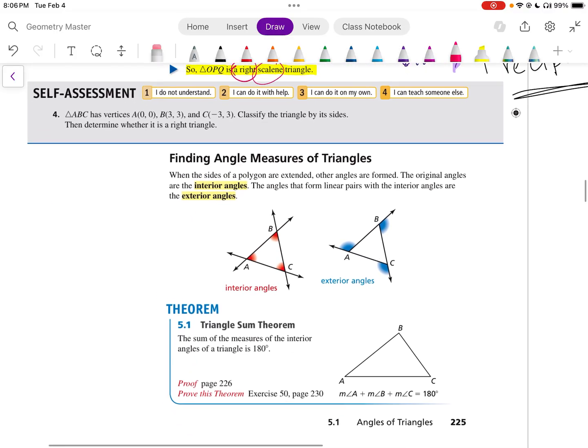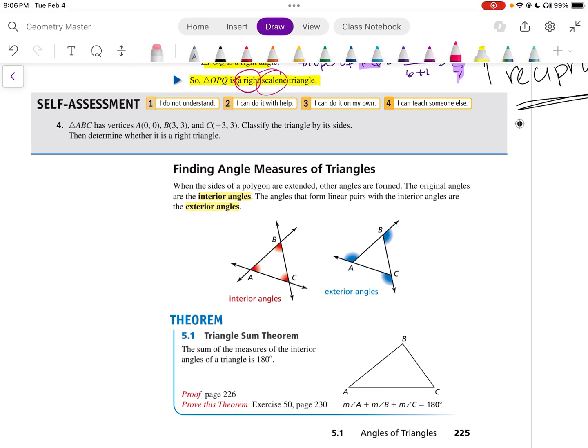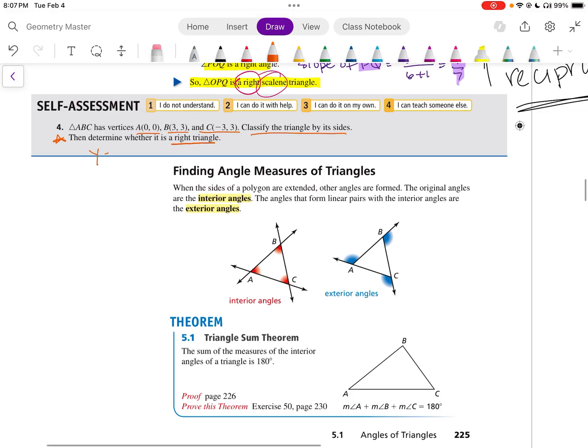All right, self-assessment number 4. Triangle ABC has these vertices. Find the side lengths and classify the triangle by its sides, and then determine whether it is a right triangle. This will just be a yes, it is a right triangle, or no, it is not.